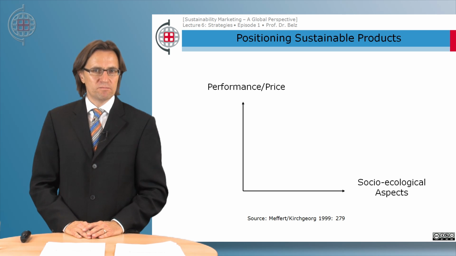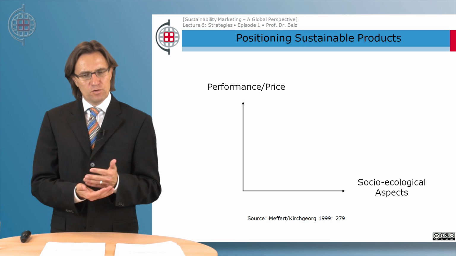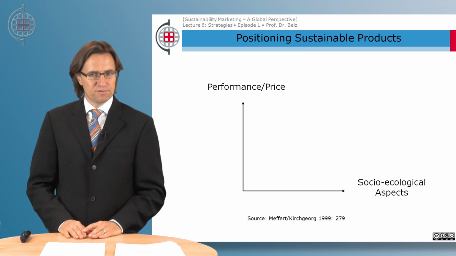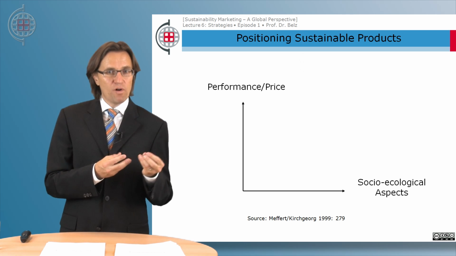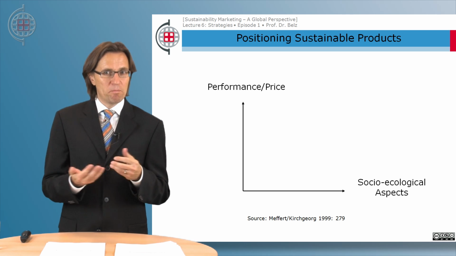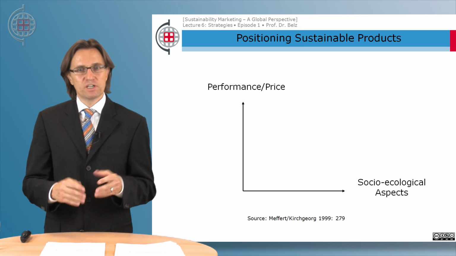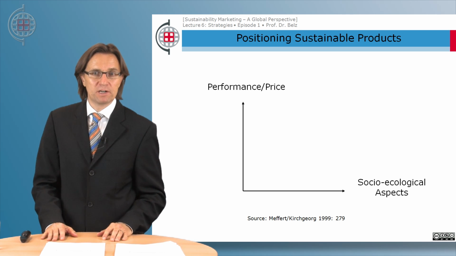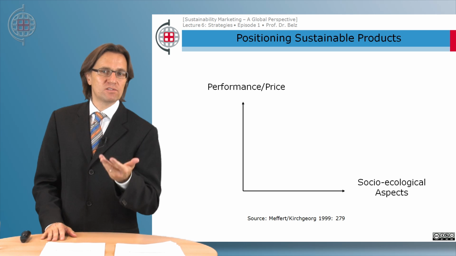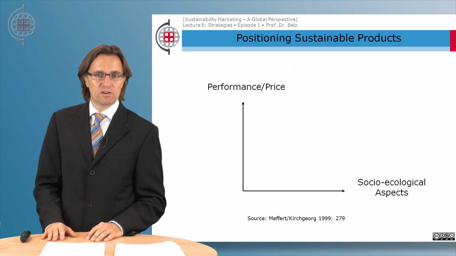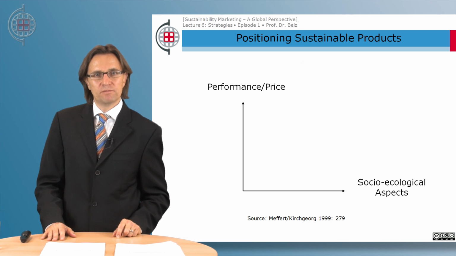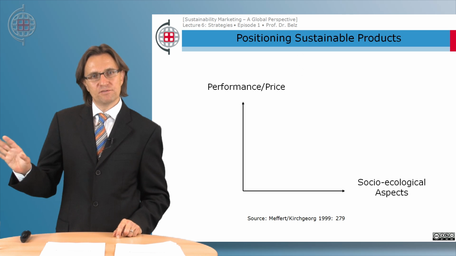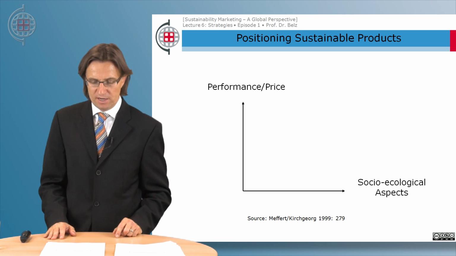So these were the consumers who were willing to go to alternative retailers, buy coffee with a bitter taste, or buy washing detergent which didn't wash properly for reasons of ecological attributes. They suffered from sustainability marketing myopia, something we will cover in the next lecture, in lecture 7.